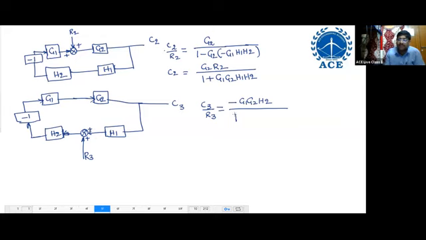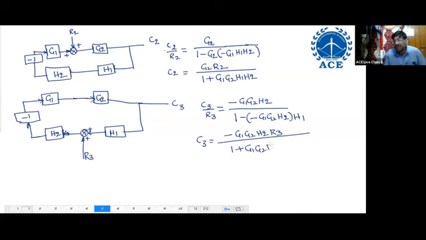Feedback plus means minus. Numerator term minus G1, G2, H2 into H1. Then C3 equal to minus G1, G2, H2, R3 divided by 1 plus G1, G2, H1, H2.